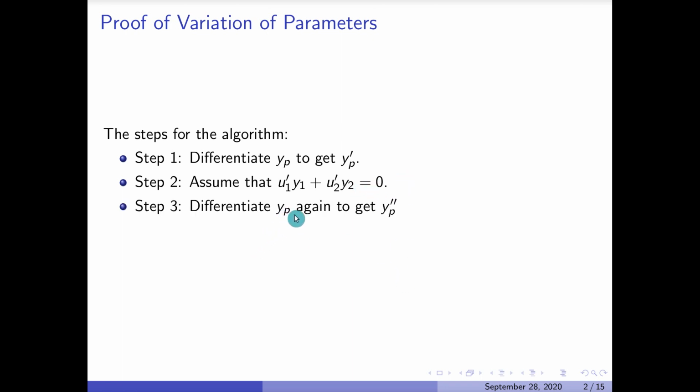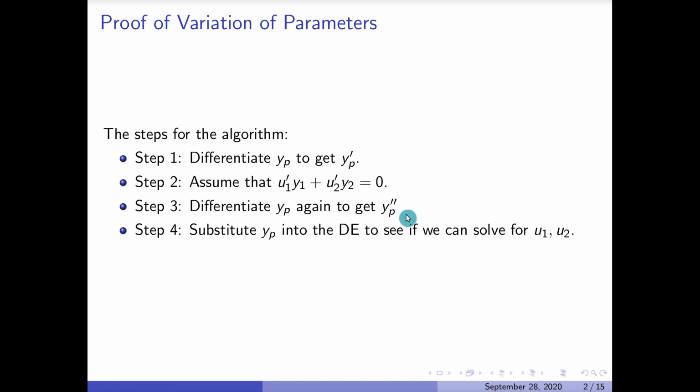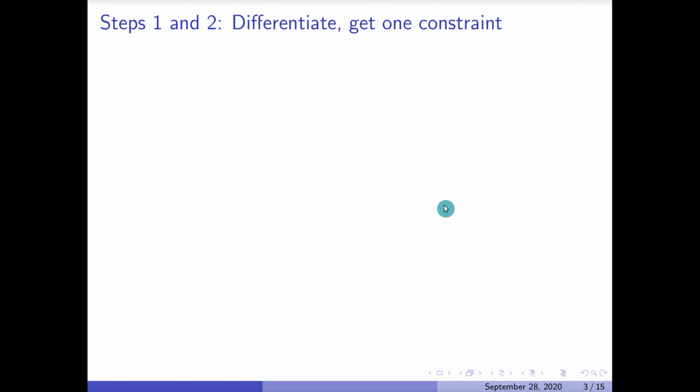Then we'll differentiate again to get the second derivative, and finally we'll plug everything into the differential equation and see if we can solve for u1 and u2. Again, we're just differentiating our particular solution like usual and substituting it into the differential equation. Good. So let's go ahead and differentiate.